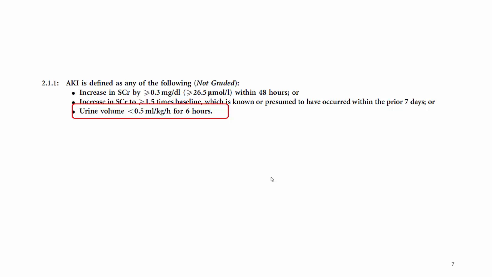Or you'd have to have a urine volume of less than 0.5 cc per kg per hour for at least 6 hours, or oliguria, which is often what we first see in the ICU, just because we check the labs for those patients much more frequently than other patient populations, and serum creatinine, as we know, lags behind in change.